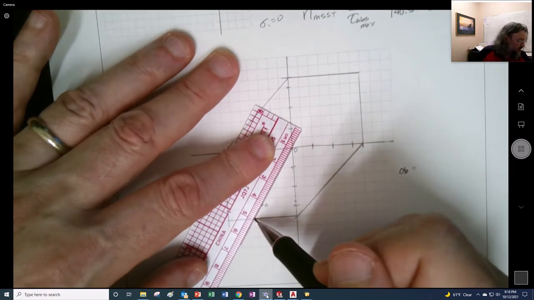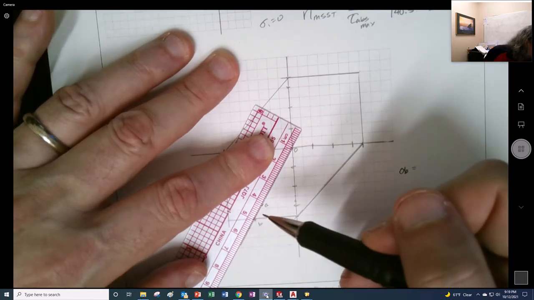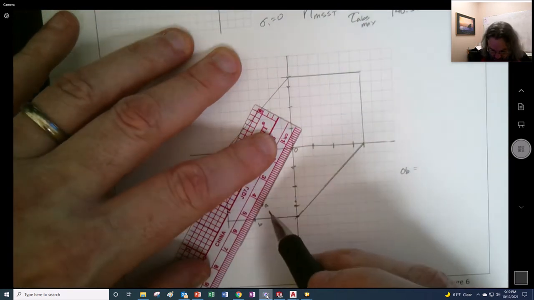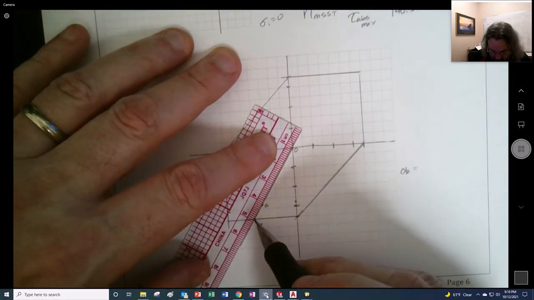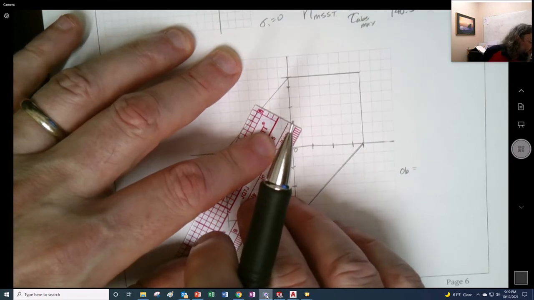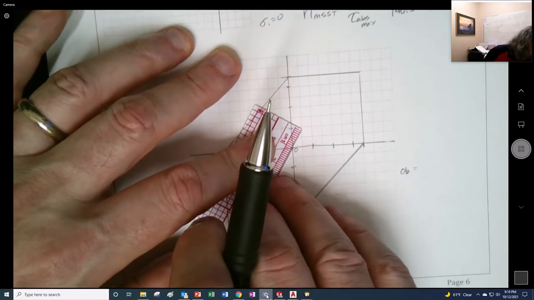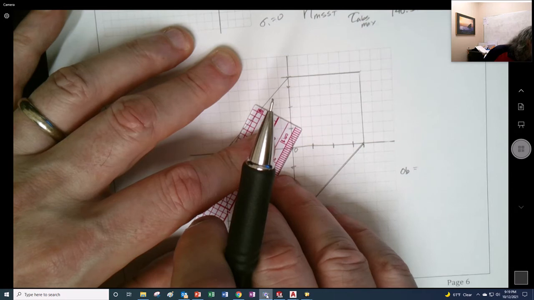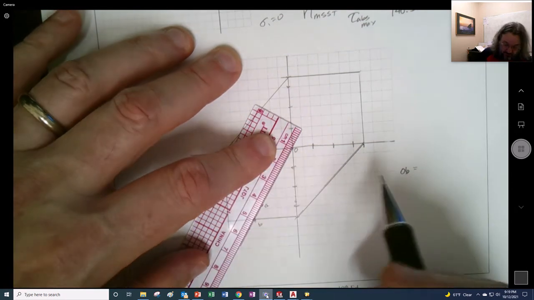That's not what I got before. Huh. No, I got 44 in there. Is this not the same problem? 50.